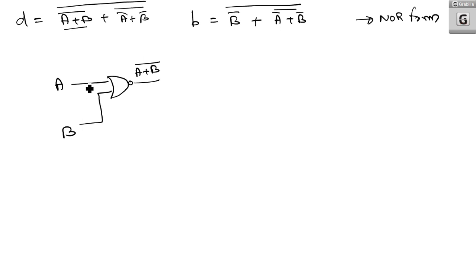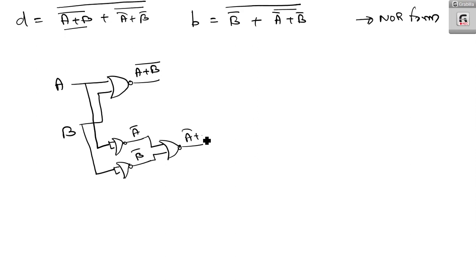Okay. So we can have a NOR gate with A bar and B bar. If you NOR those two elements, you will get D.